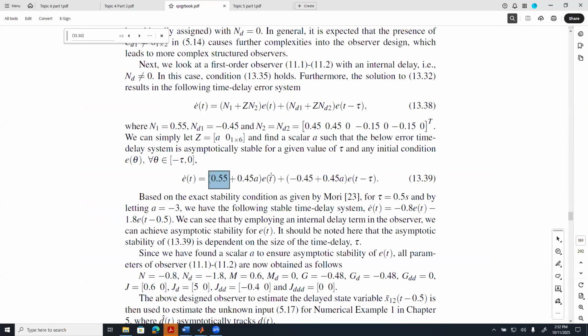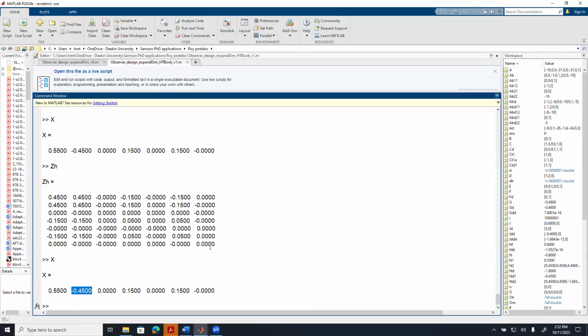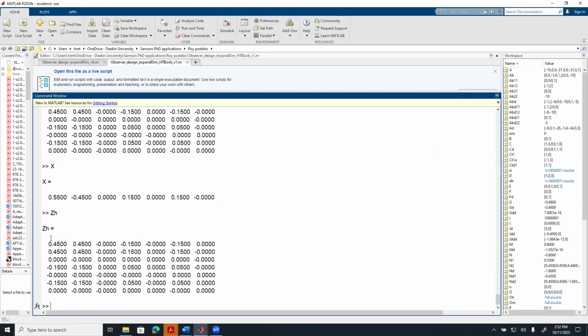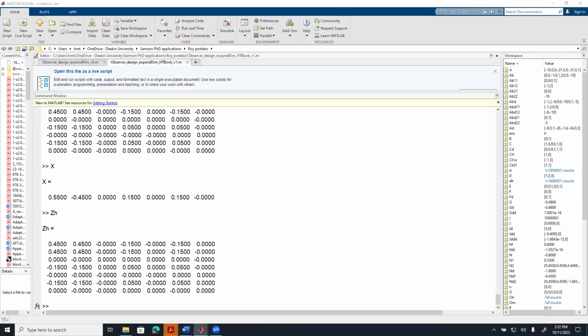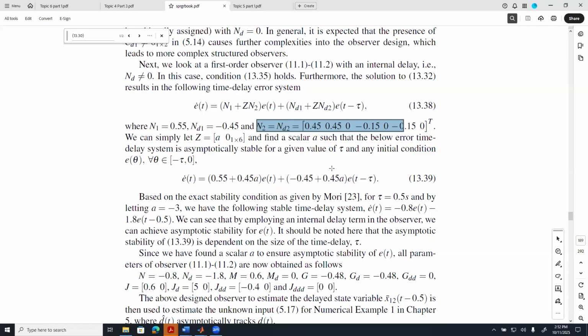Then for the bit in here, we just pick a single non-zero element from there, because N2 and ND2 are exactly the same, which we can see from here. ZH, look at the first two columns there, they're actually identical. And so the problem is the following.